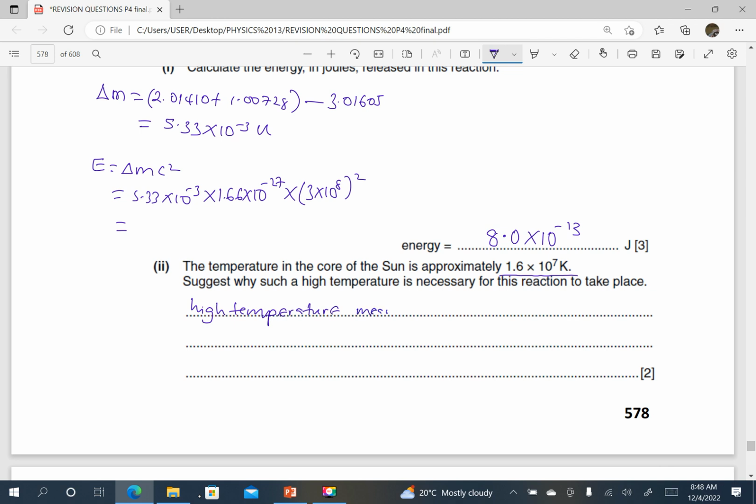So high temperature means high kinetic energy.